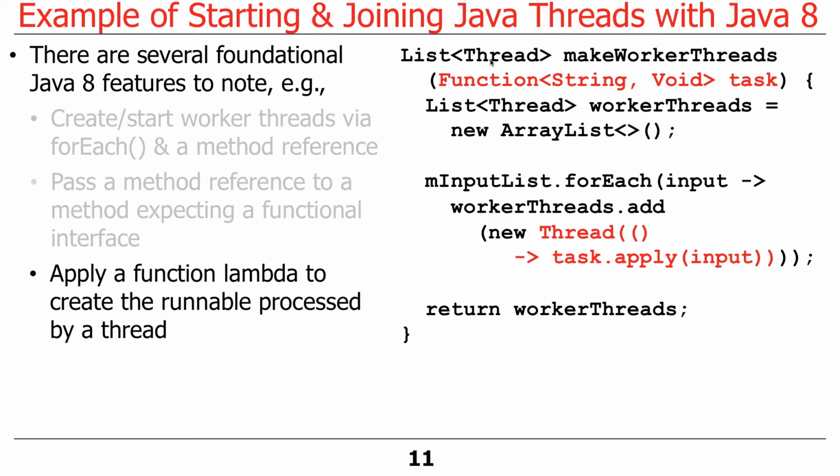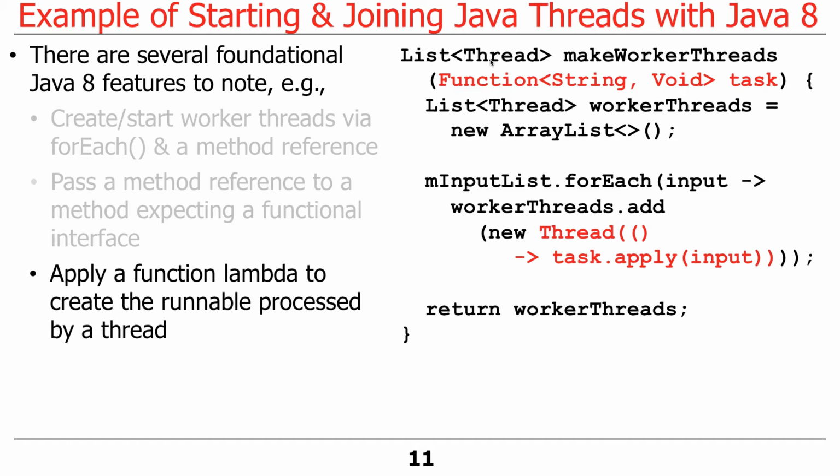For each input string, we're going to go ahead and create a new thread whose runnable parameter will be whatever we passed in as the function to the factory make worker threads. So down here, we're making a new thread and giving it this runnable, because that's what gets returned here.